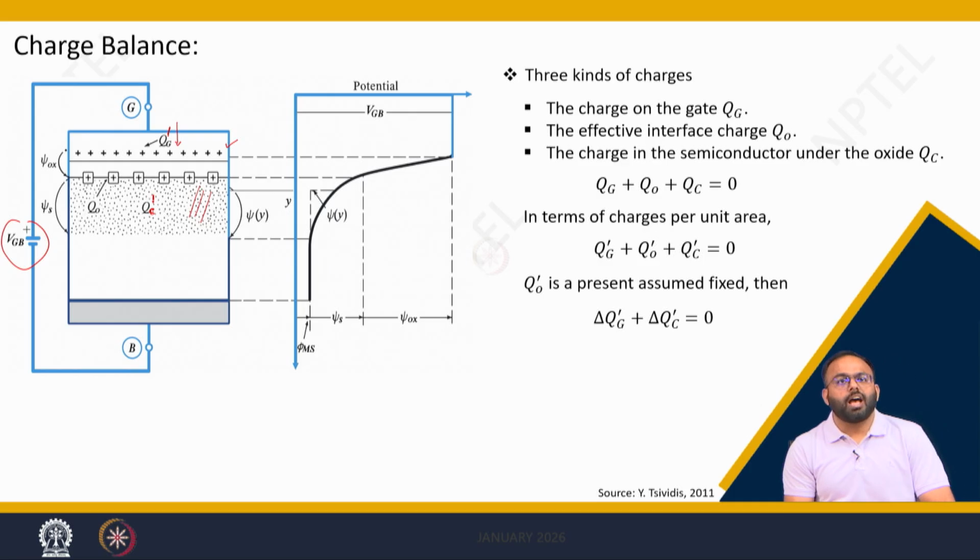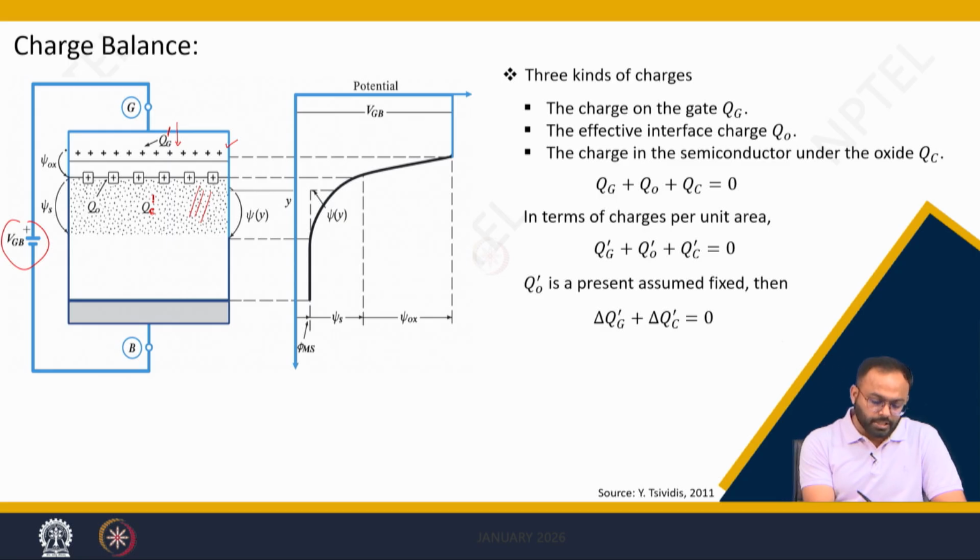In addition, we have another charge which is represented as Q naught dash. Here Q naught dash is nothing but the oxide charge. So again, the charge balance equation is the KCL for MOSFET, which says that the total charge should be conserved. So Qg plus Q naught plus Qc should be equal to 0.